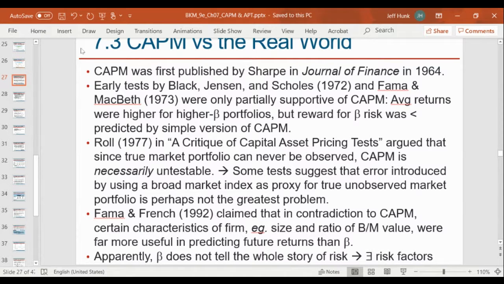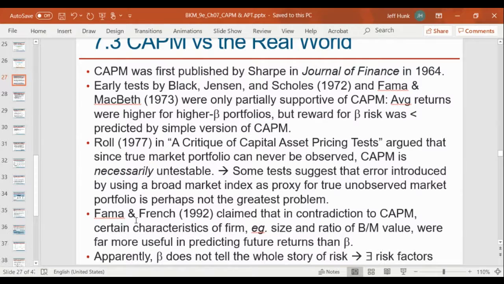It's still very theoretical. It's a theoretical attack, because we have established why it is good enough to use a market index as the proxy for the broad market portfolio, right?